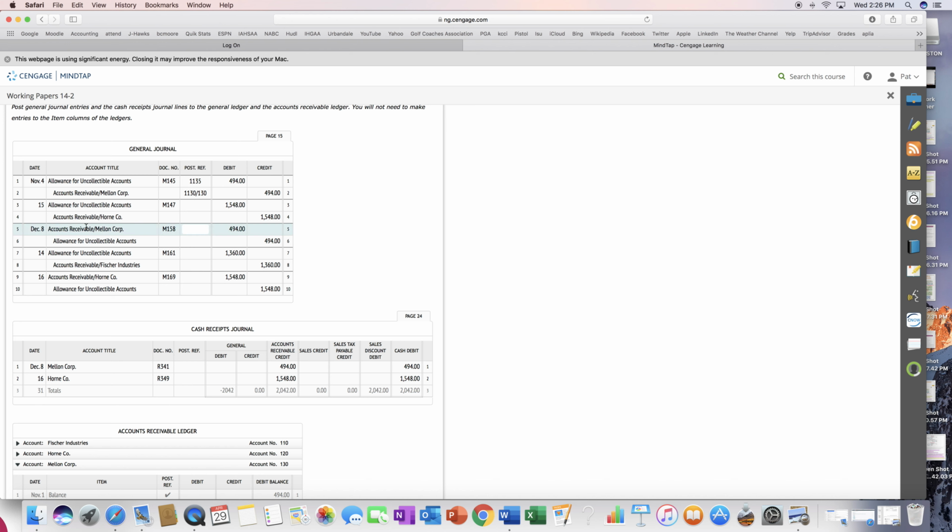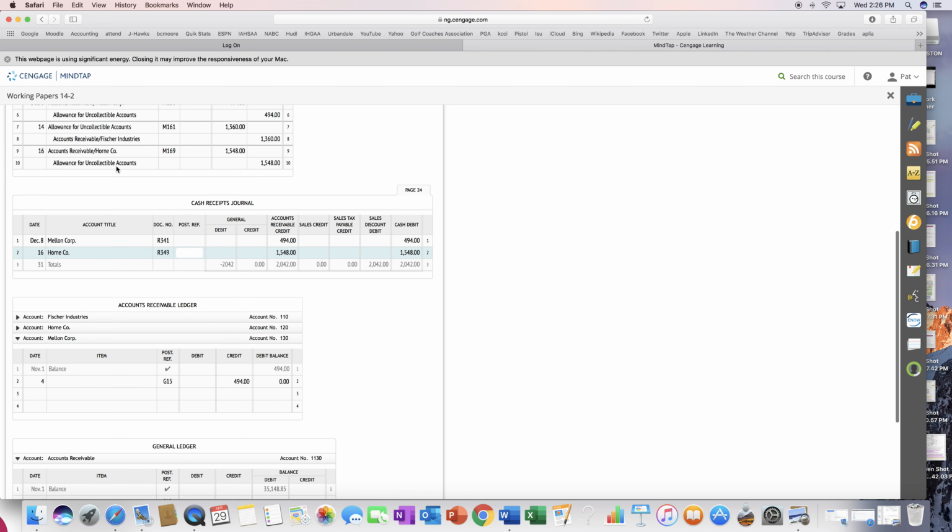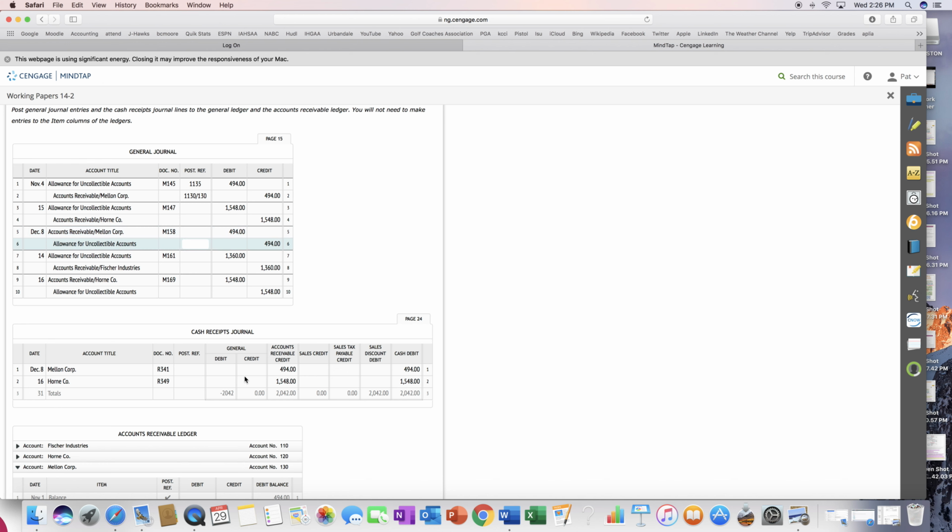You will do this one first and post this one, and then you will go to Mellon Corp and post this one out of the cash receipts. You'll do the same. You'll post this for Horn, and then you will post this one at the end. So the last transaction for each of those will be, after you put it back on the books, then the collection. That's how you'll post those.